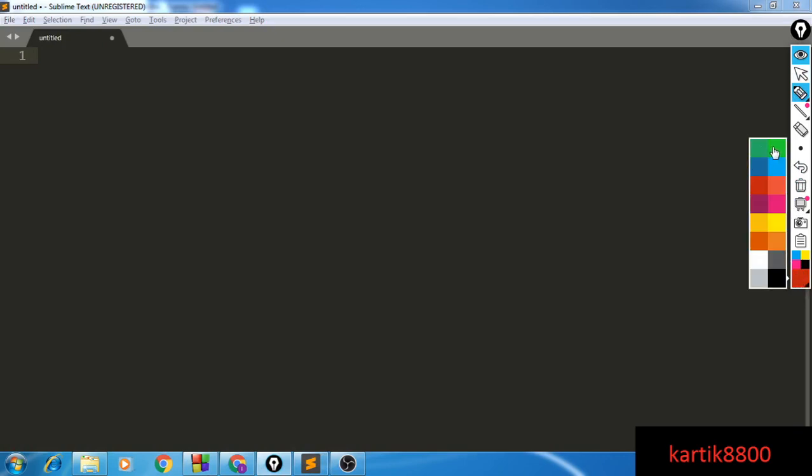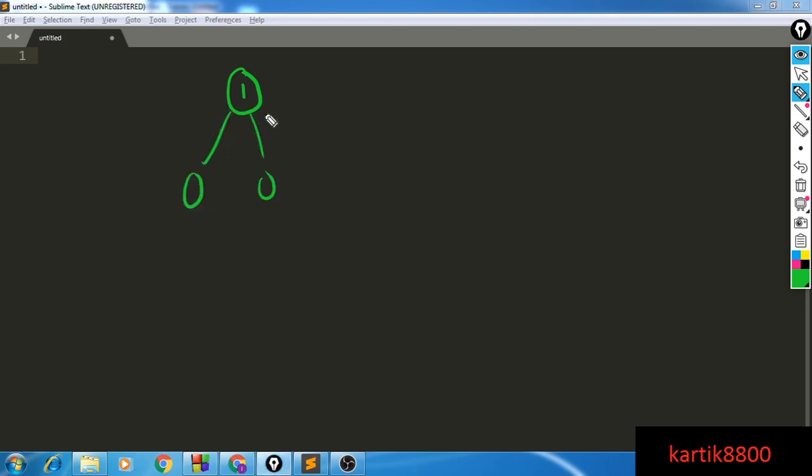I'm going to focus on evaluating the answer for the root, and I'll arbitrarily root my tree at node number 1. So this is the root of my tree, and I'll have some kind of tree data structure here. I will first try to evaluate the answer for node number 1, and then we'll see how we can evaluate the answers for all the other nodes.